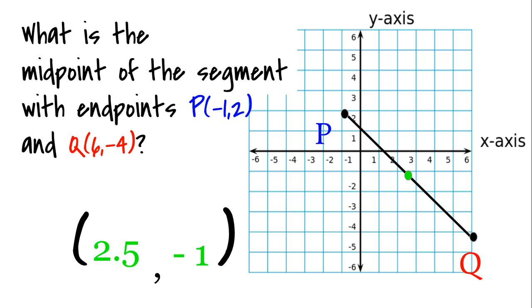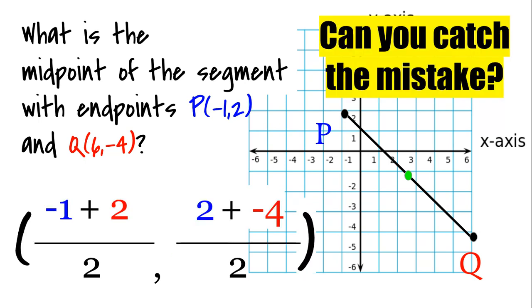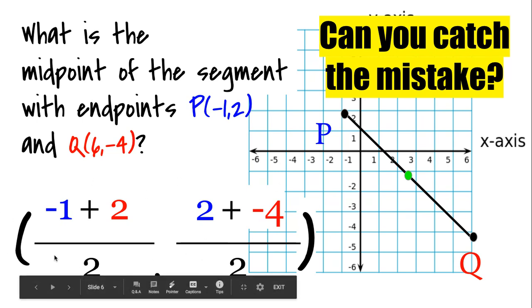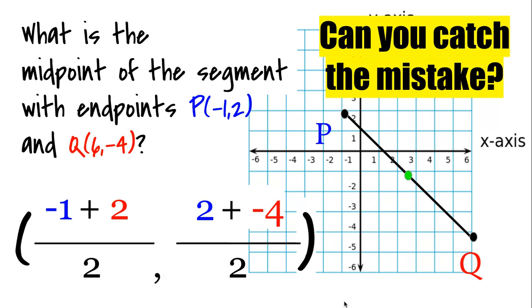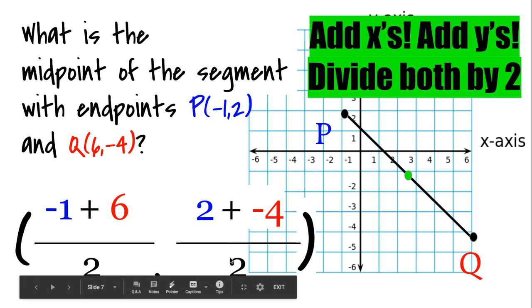Now let's see if we can catch the mistake. Give yourself a moment to check out the work that is here in the substitution of the formula and see if you can spot the mistake. If you said that the y's are perfectly fine, but there's something wrong with the x's, you're correct.